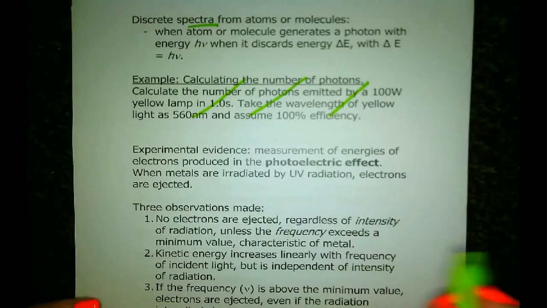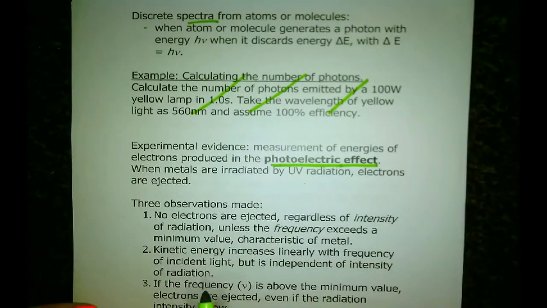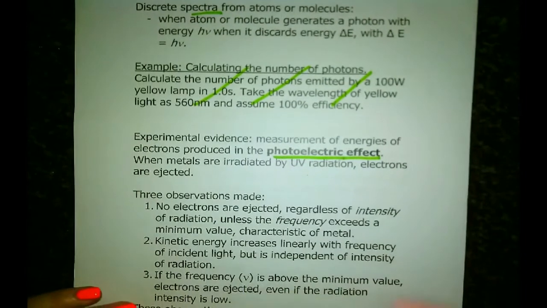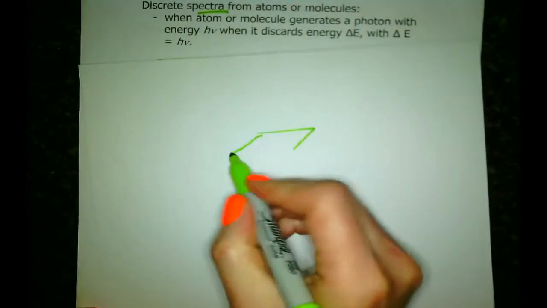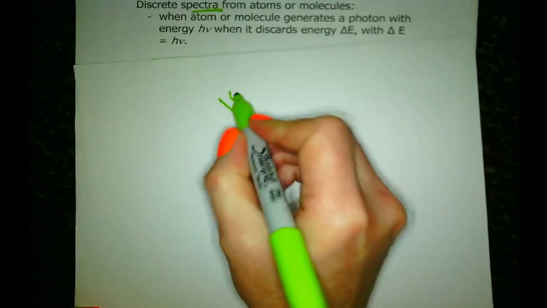That experiment is called the photoelectric effect experiment. So what you do in this experiment is the following. You take a piece of metal and you irradiate it with UV light.